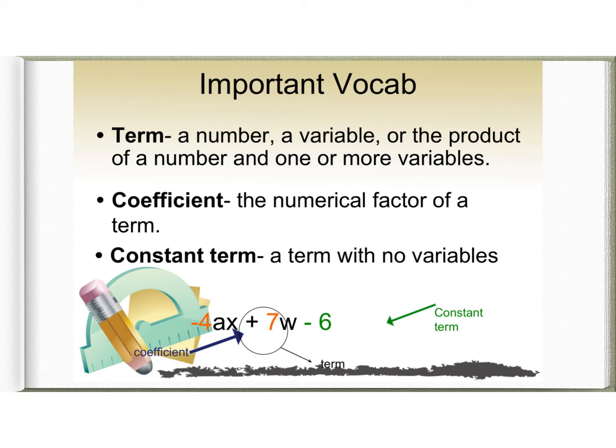So some important vocab that we have, which we also saw in 1.1, is a term is a number, a variable, or the product of a number and one or more variables. So here, I'm going to write an example up at the top. Let's say 5a plus 2b plus 6. This is a term, this is a term, this is a term.